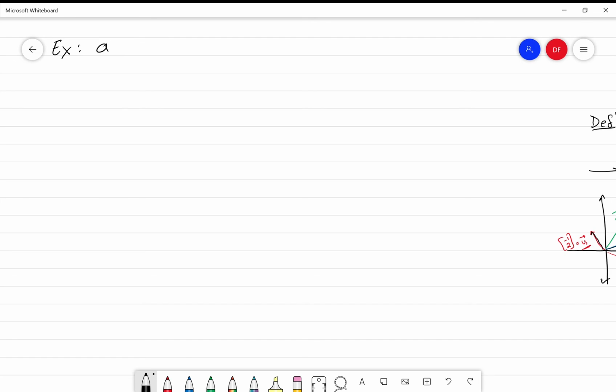So let's say I had the vector a1 equals (1, -2, -5), a2 equals (2, 5, 6), and b equals (7, 4, -3).